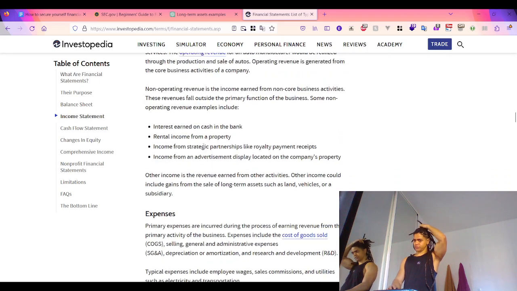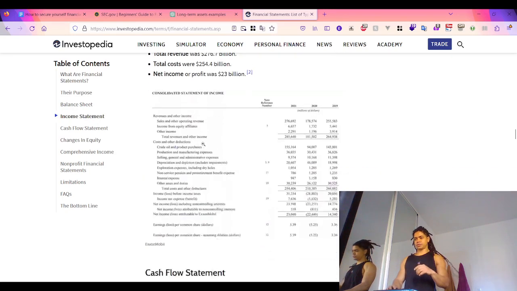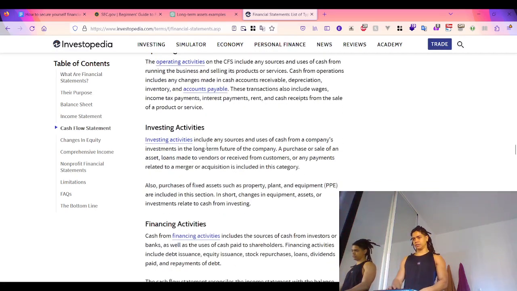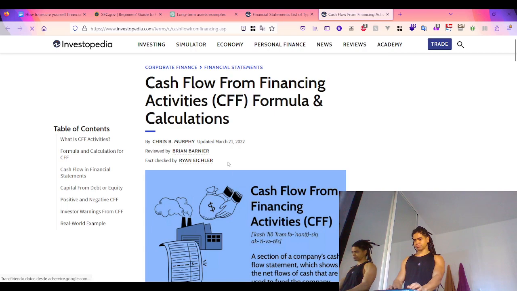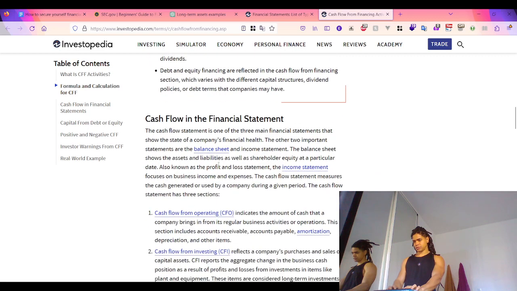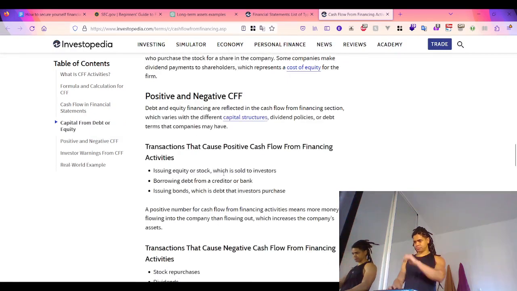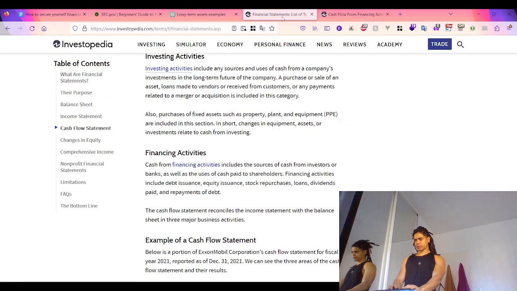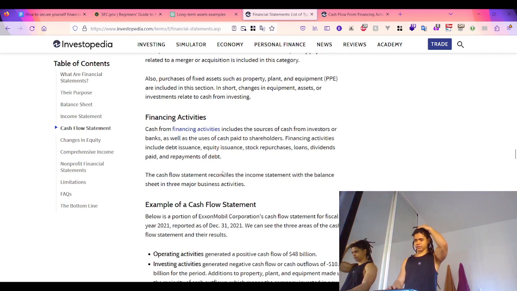This is the income statement and expenses, and the cash flow: operating activities, investing activities, and financing activities. Cash flow from operating, cash flow from investing, and cash flow from financing activities.